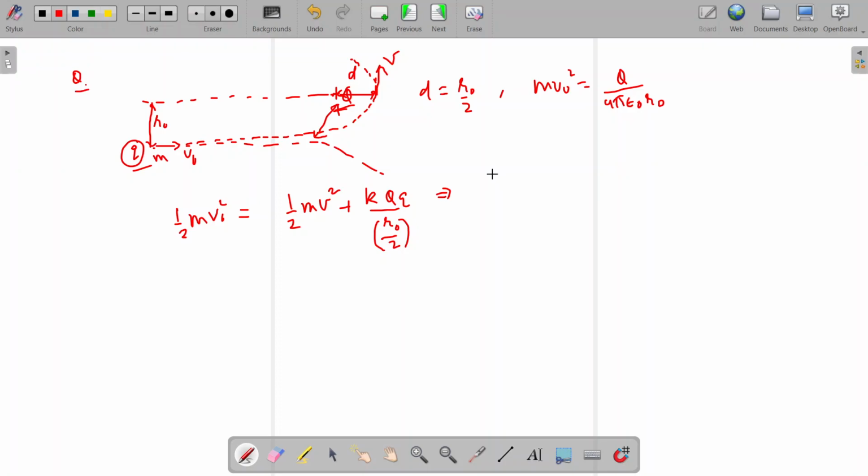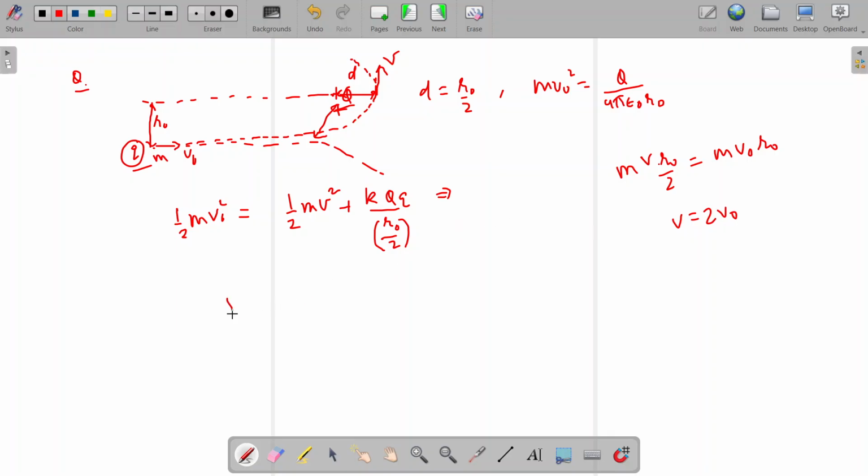Finally the velocity can be provided by conservation of angular momentum: finally the angular momentum is v into r naught by 2 into m, and initially the angular momentum is m v naught r naught. So v is equal to 2 v naught.